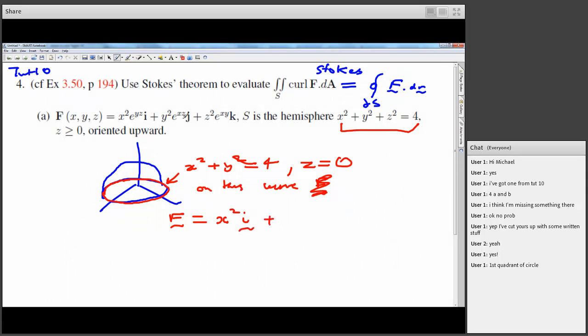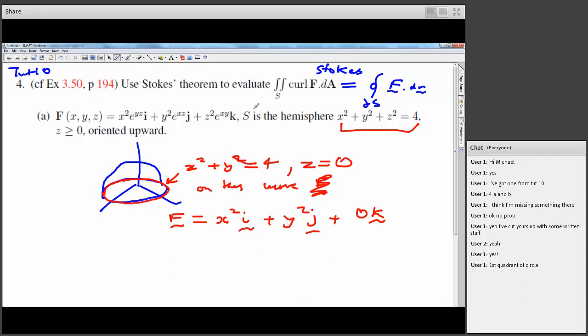Next term again, e to the 0 disappears, so you're getting y squared j. And the last term just disappears, so it's 0k. And so on this curve, the vector field simplifies down greatly, which is nice, because it looks pretty nasty as written. Although you could work out the curl, trying to do it directly as written would have been difficult.